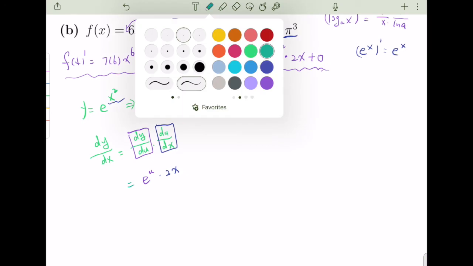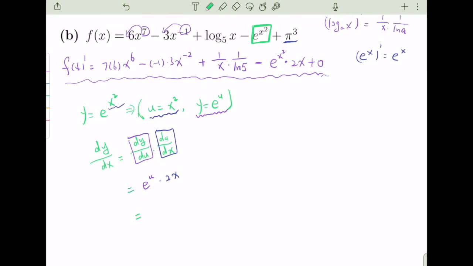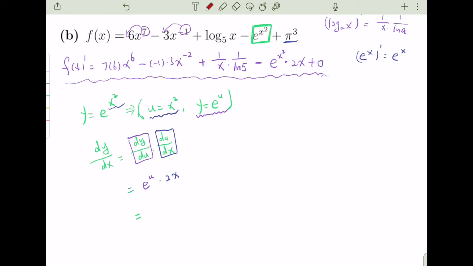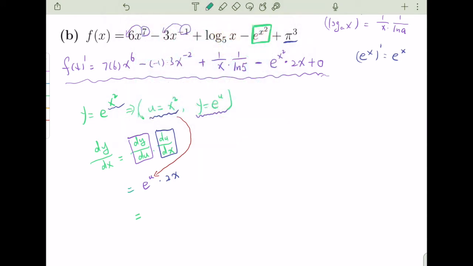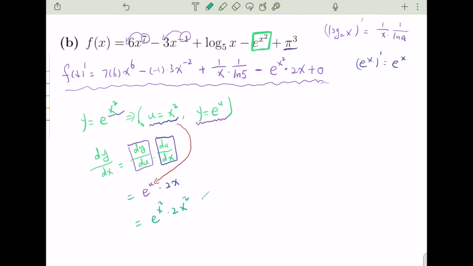And since we want the final expression to be written in terms of x only, you're going to substitute this u expression in here so that the variable u doesn't appear in the final answer. It's just acting like a bridge. So this becomes e to the x squared times 2x, same as the thing here.